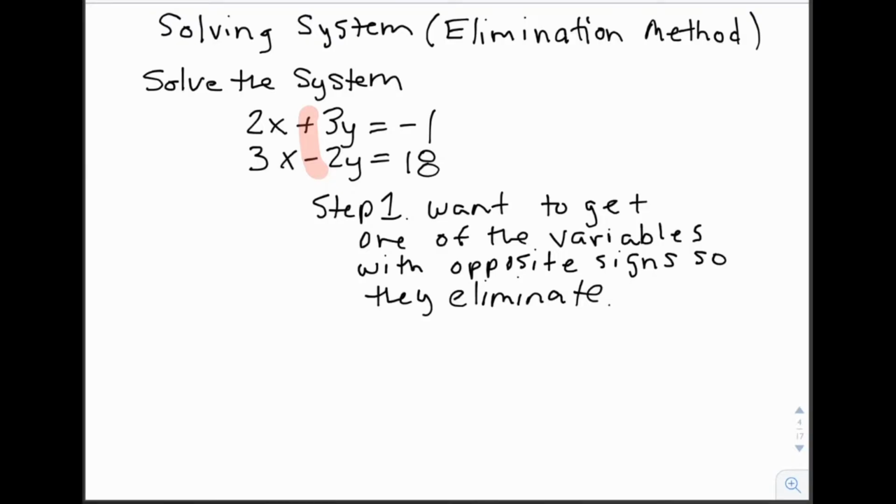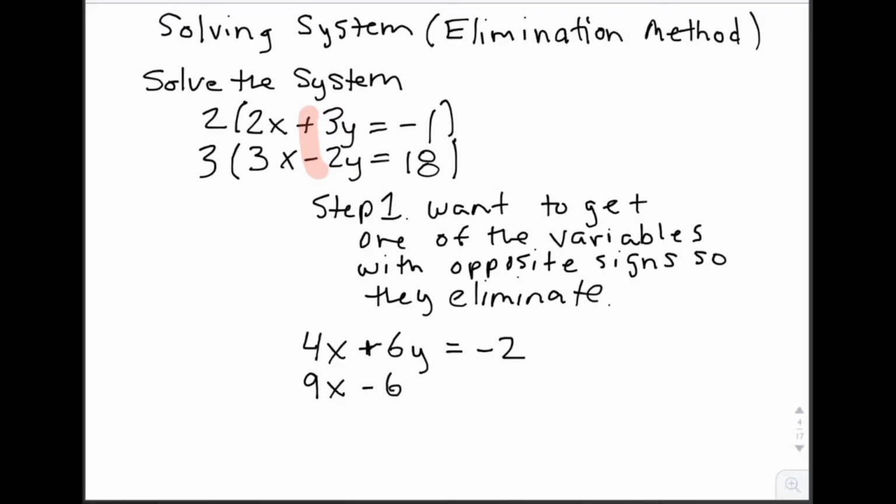So in order to get that 6, we need to multiply the top equation by a 2, and we need to multiply that bottom equation by a 3. So multiplying by each individual element, we should get 4x plus 6y is equal to a negative 2, and additionally that bottom equation is going to be 9x minus 6y, and that's going to be equal to a positive 54.